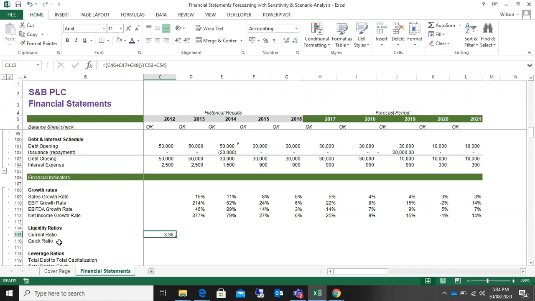This company is highly liquid in 2012. You can see the standard is 2 to 1, but this is actually 3.36 to 1, and that makes a lot of sense.